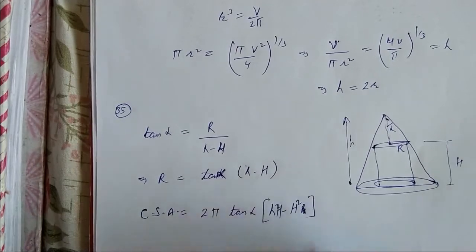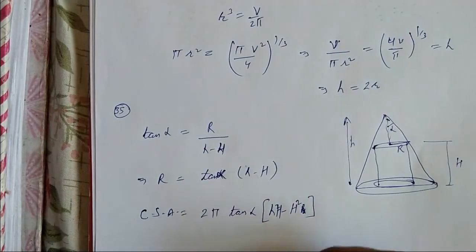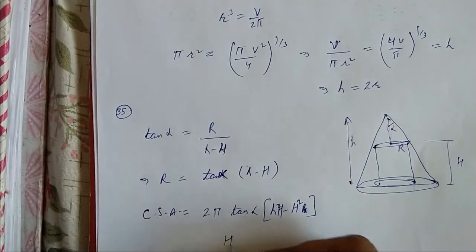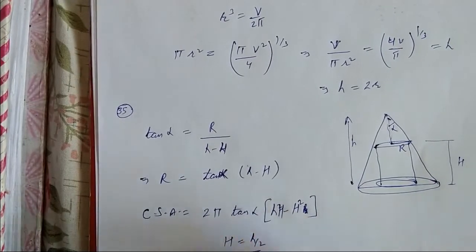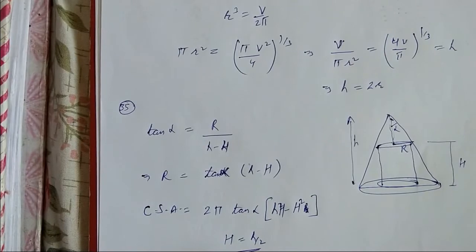Okay, so this would be maximum when H is equal to h by 2. This is a downward opening parabola. Moving on to the next question, question number 36.